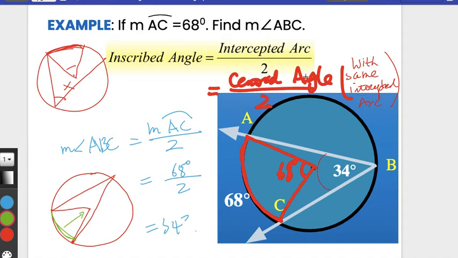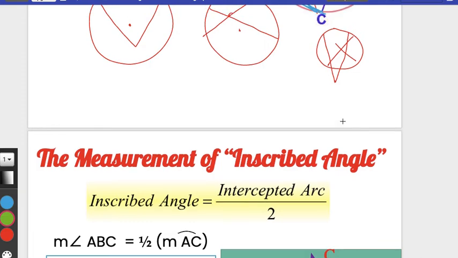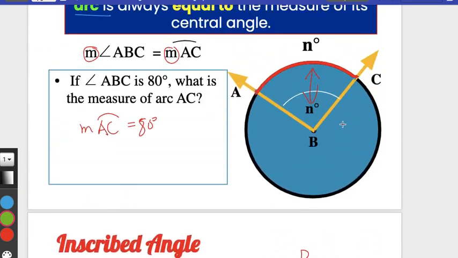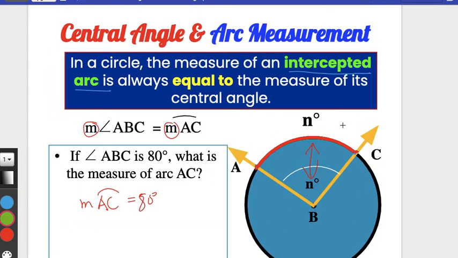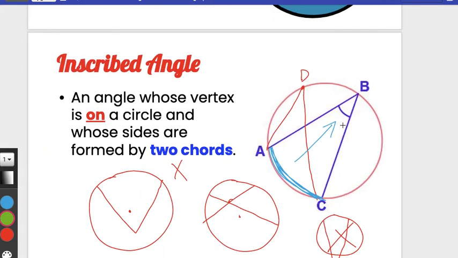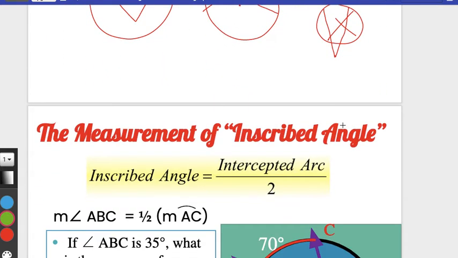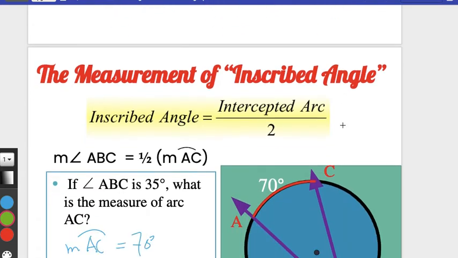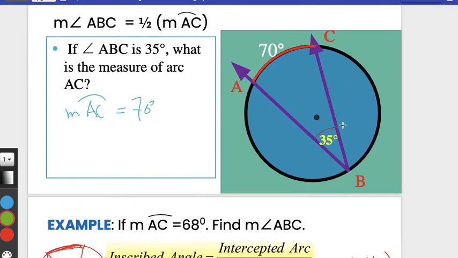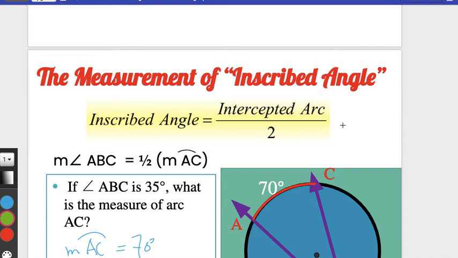If you're not so sure, please make sure you review this example and also the previous video about the central angle, to make sure they are all clear to you. There's also another important fact about the inscribed angle that we are going to introduce in the next lesson tomorrow, so please stay tuned.